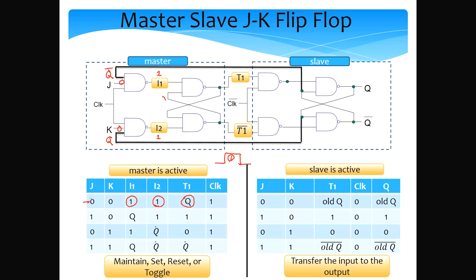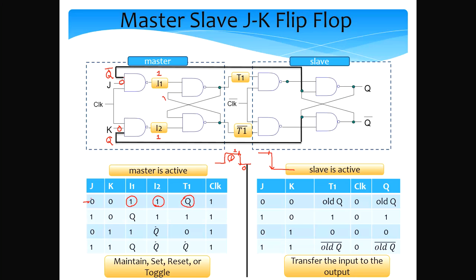Alright. So this is when the clock is equal to 1, just prior to the negative edge. So let me maybe draw a slightly bigger figure. We are essentially considering this instant of time slightly before the negative edge. What we are saying is that if J and K, both of them are 0, then the value at this point, which we call T1, will be the same as Q. Why do we say that?